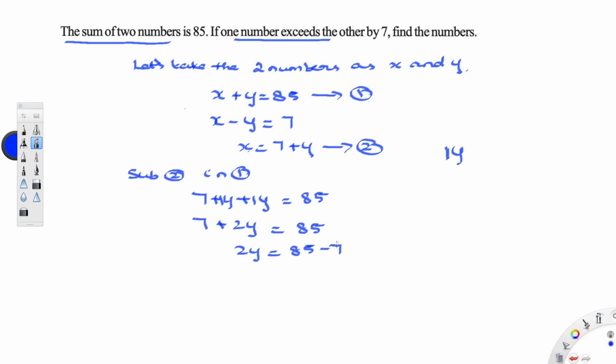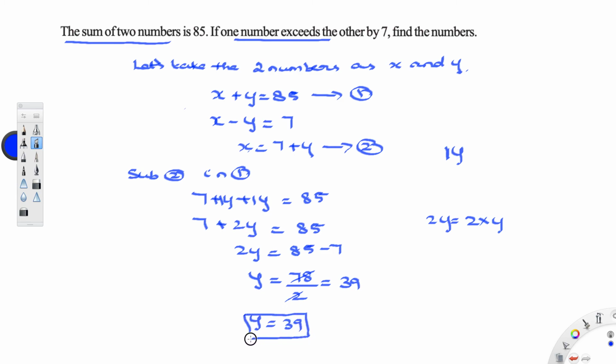The plus 7 will go as a minus 7 on the other side of your equal sign. Now 2y is nothing but 2 into y. It's multiplication. It will go as a division on the other side. So 85 minus 7 is 78. 78 by 2 is 39. Now I found my variable y, that is equal to 39.